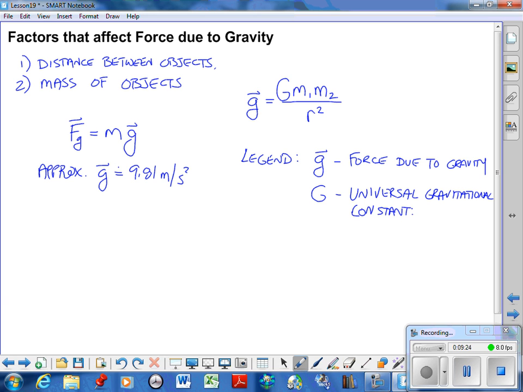And that value is 6.67 times 10 to the negative 11. And the units, if I recall from the top of my head, I think it's meter cubed per kilogram second squared. All right, so there's our universal gravitational constant.